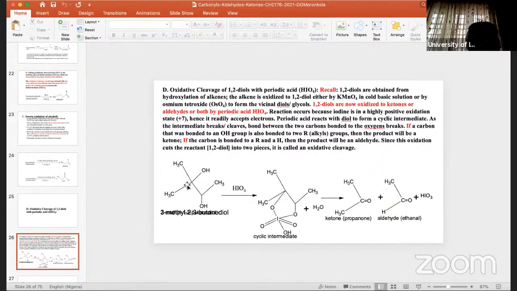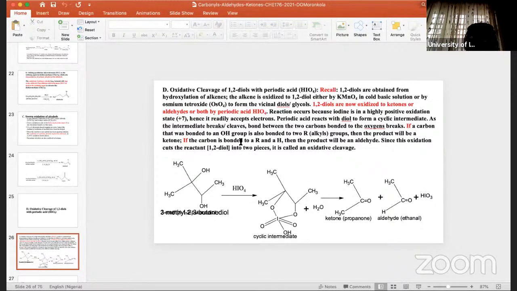If the carbon having the OH functional group is not bonded to another hydrogen, like where my cursor is here, then after the cleavage you have a ketone moiety. So for this particular compound, 2-methyl-2,3-butanediol, you have these parts responsible for the ketone, which is propanone, and these parts of the cleaved molecule responsible for ethanal, which is our aldehyde part.